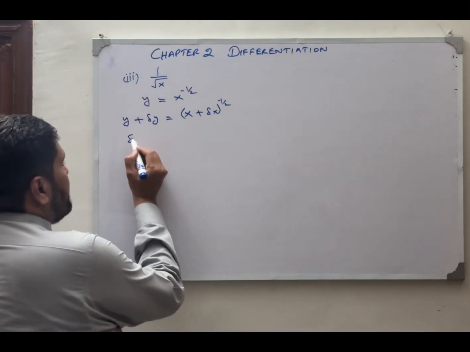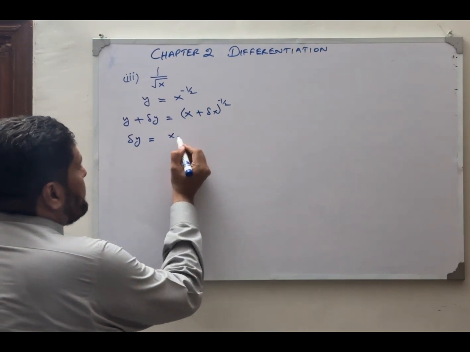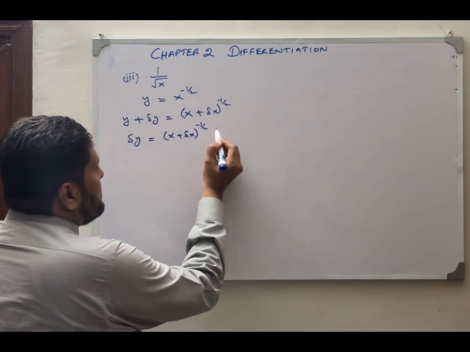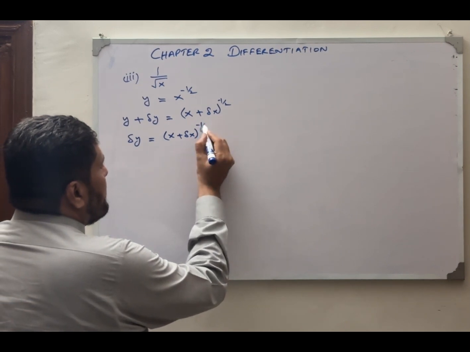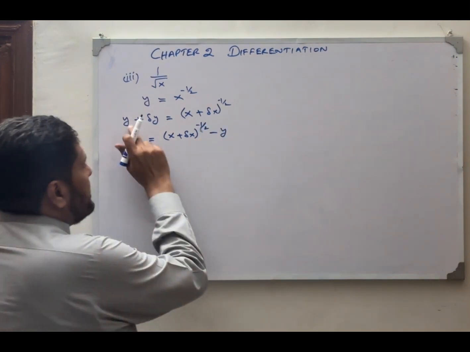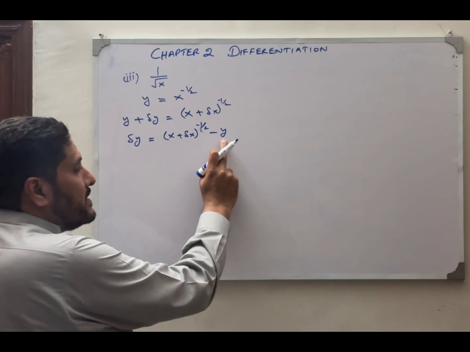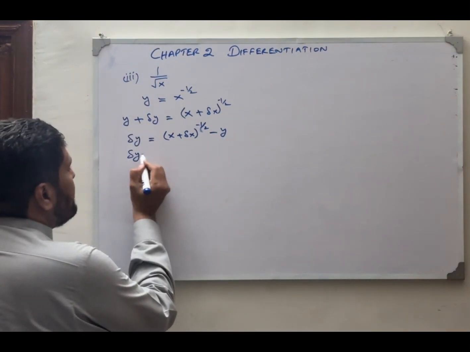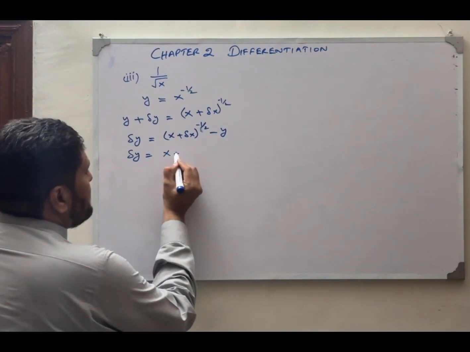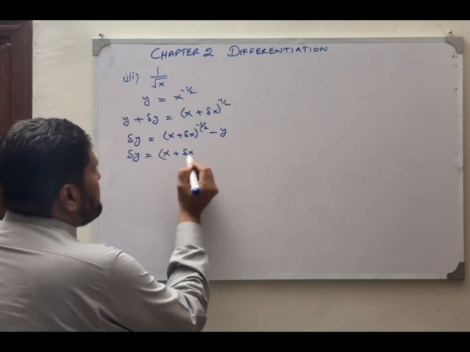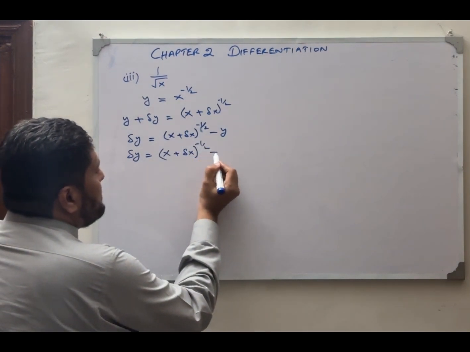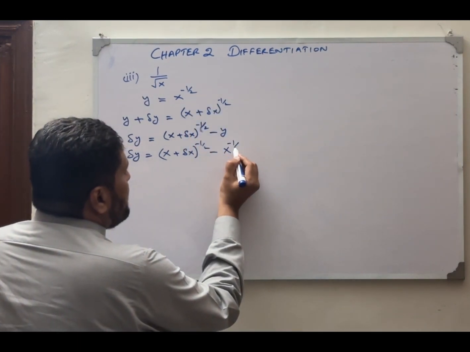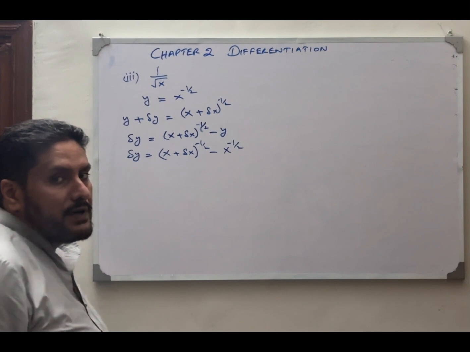And our delta y is equal to (x plus delta x) whole power minus 1/2 minus y. This y will become minus on the other side of the equation. So our delta y is equal to (x plus delta x) power minus 1/2, and in place of this y we have x power minus 1/2, as y is equal to x power minus 1/2.